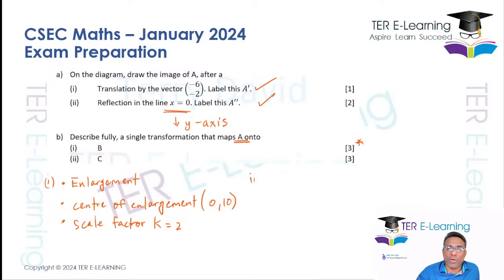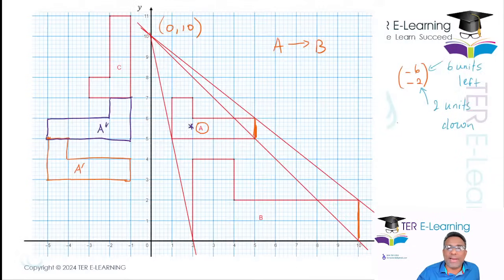Part 2 now, we want to know what maps A onto C. So let's go back to the diagram here now. So remember, the original object is A, and you want to go to C. That's across here. What do you all think that is? What does that look like to you? If you look at A and C, what transformation maps A onto C?